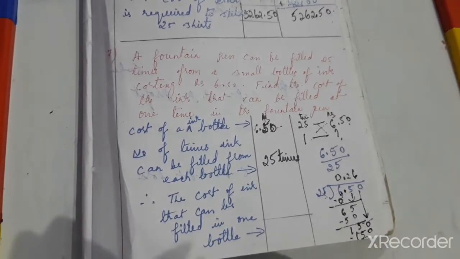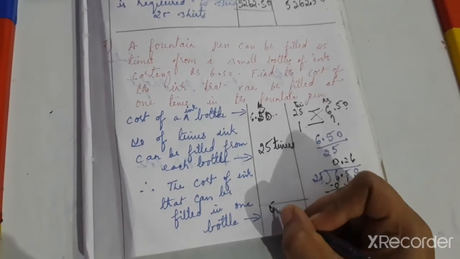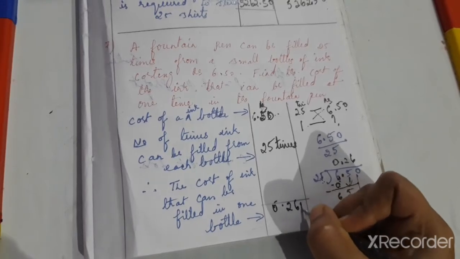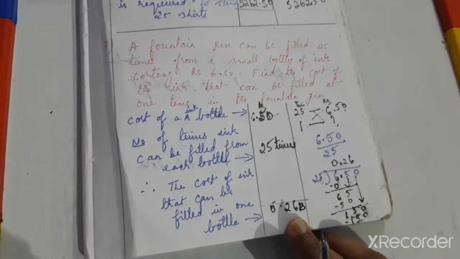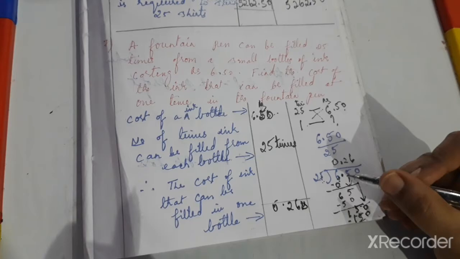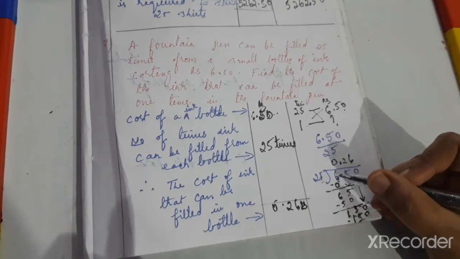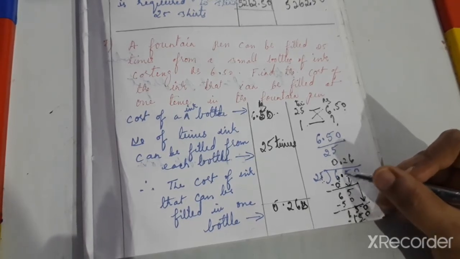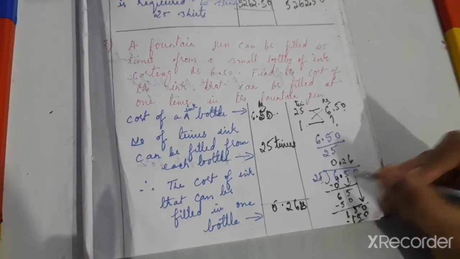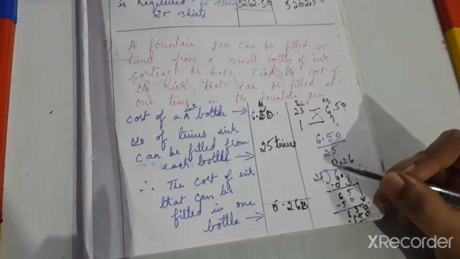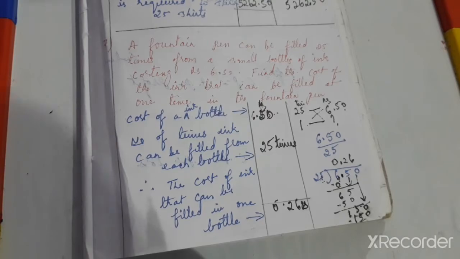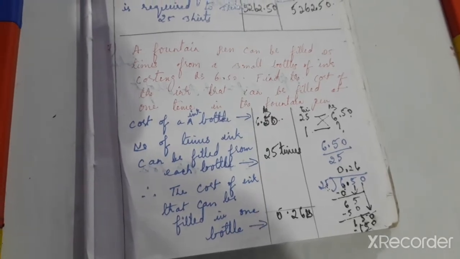Answer is 0.26 rupees, which means 26 paise. Understood? 6 means before the decimal point only one number. We can't take 65 because there is a 0 point decimal point here. So 6 means 25 zeros are 0, that is the nearer number.